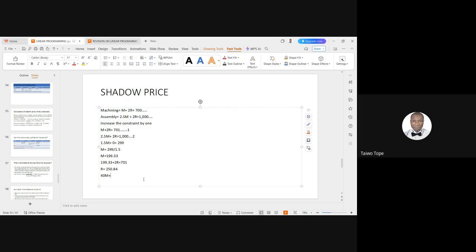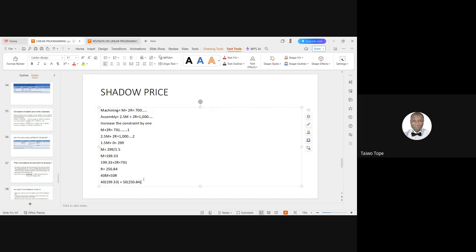Plus 50R. So now it will now be 40 into the bracket of 199.33, plus 50R into the bracket of 250.84.